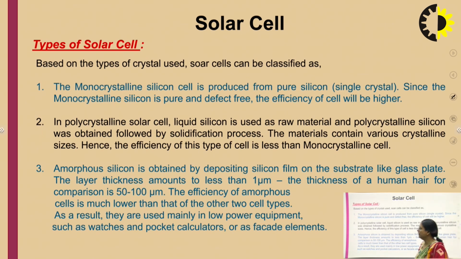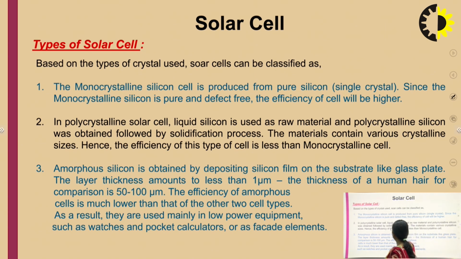So what are the different types of solar cells, right? Based upon the crystal used, solar cells can be divided as monocrystalline, polycrystalline, and amorphous silicon, right?